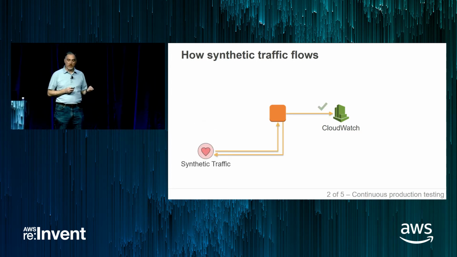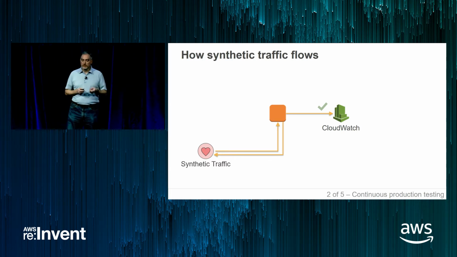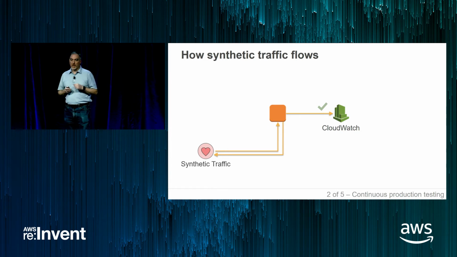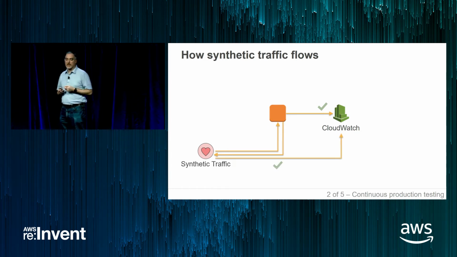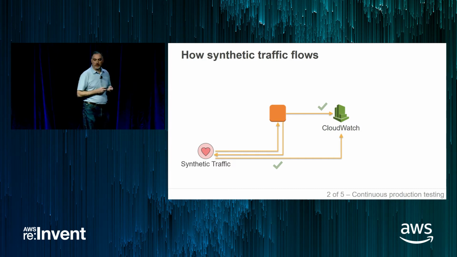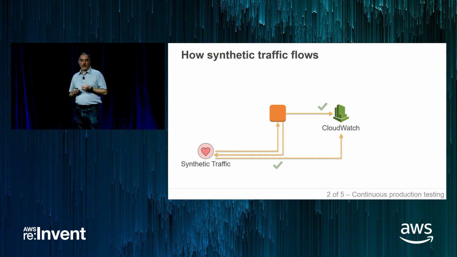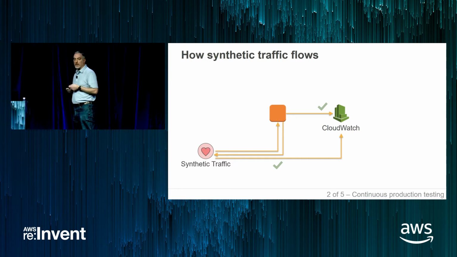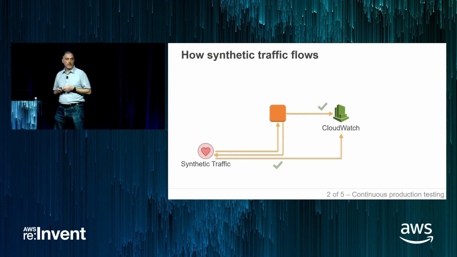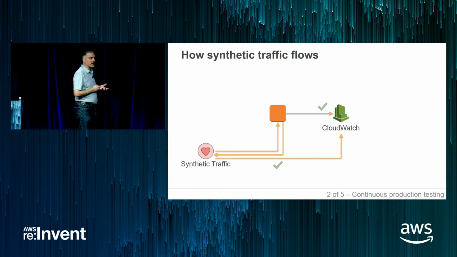It makes a request to our service, reports success to CloudWatch, but then our synthetic test also sends results back to our monitoring system. The synthetic traffic metric will let us know if this critical business functionality is no longer working. It provides us with data also to then measure the client latency and reachability.